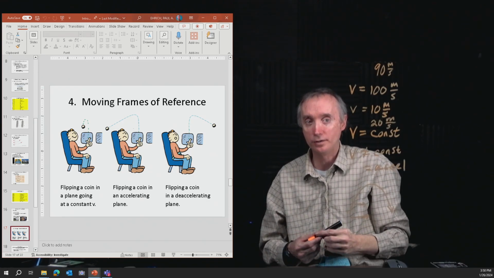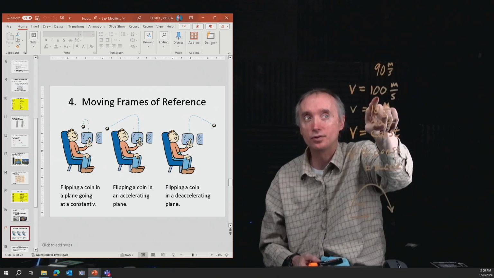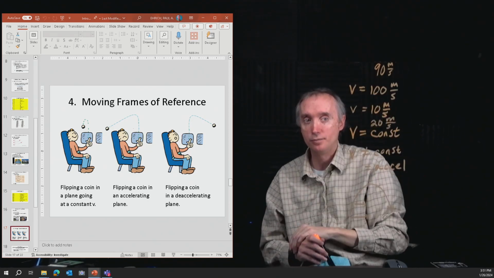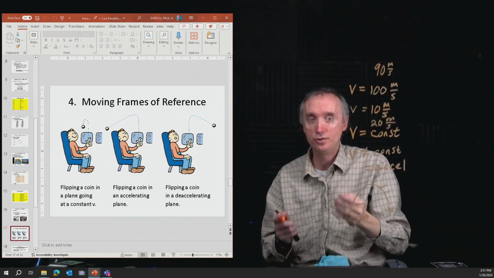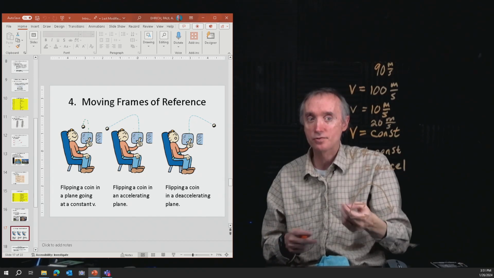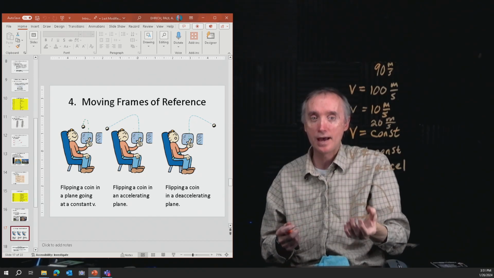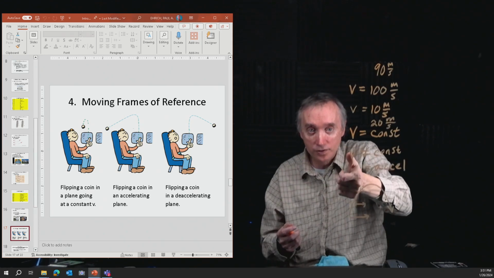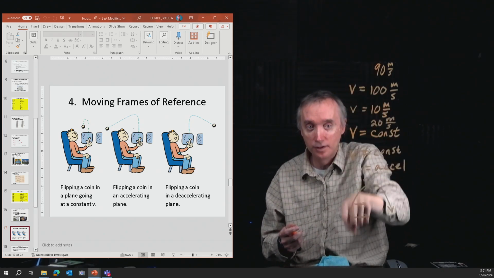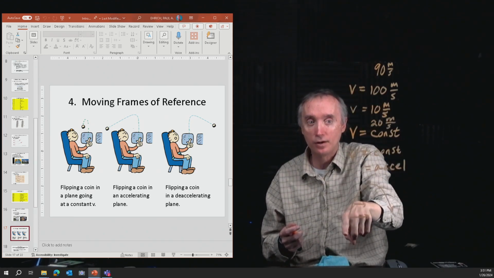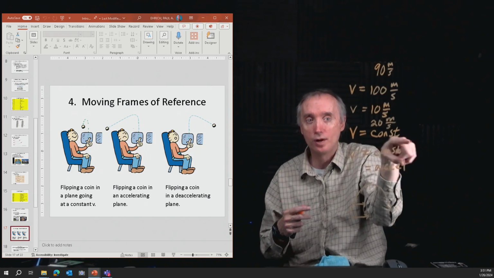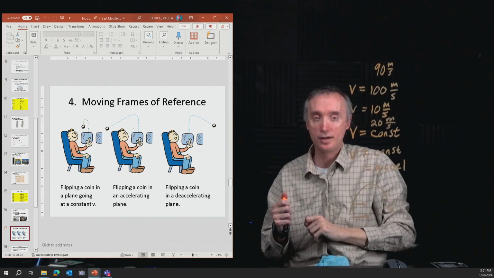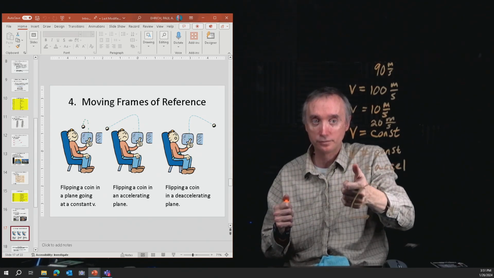What about the coin? Well, the coin is still traveling at 100 meters per second, according to Newton's first law, because there's no forces acting on the coin once you flip it. Now, there's gravity that's making it go up and down, but there's no sideways force acting on it anymore once you flip it.